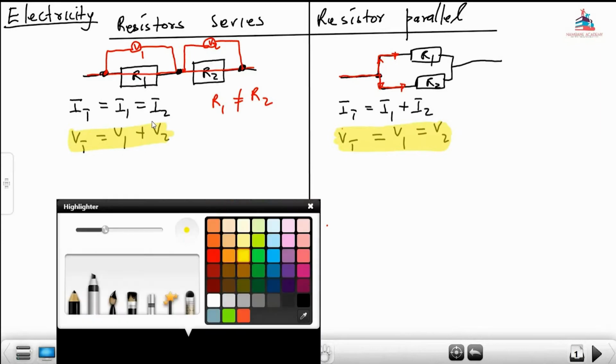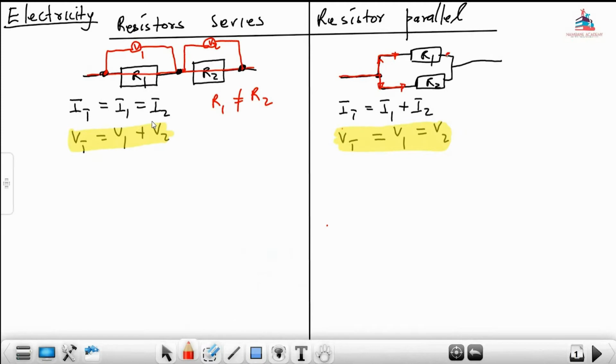So if I do connect a voltage here on R1 and connect another voltage here on R2, it basically says V1 and V2 and the V total. The question is, what is the V total?